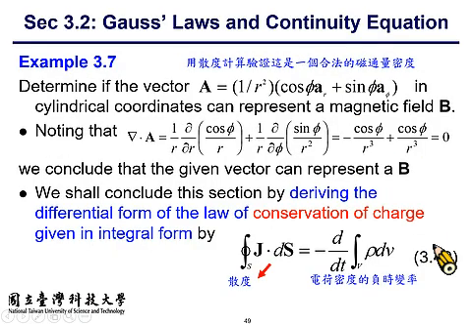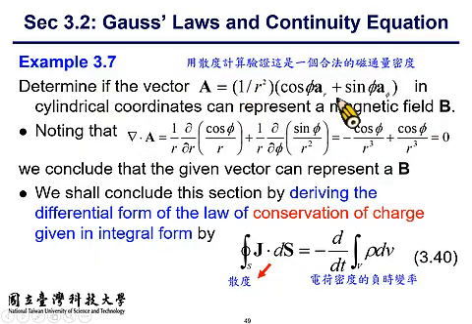Example 3.7 asks you to find the divergence of vector A, which is prescribed in the cylindrical coordinate system. So you need to write the divergence operation in the cylindrical coordinate system, substitute the components A r and A phi into the equation, and find the result.